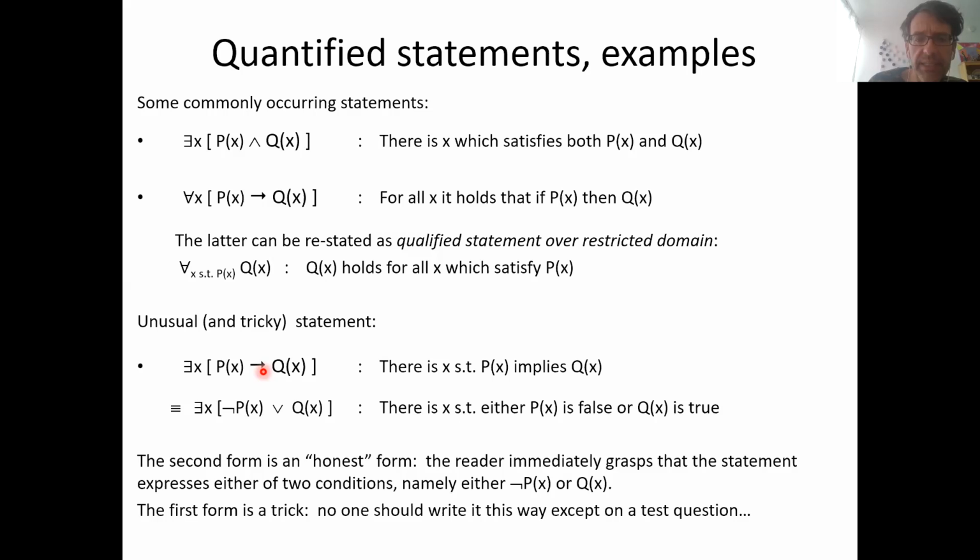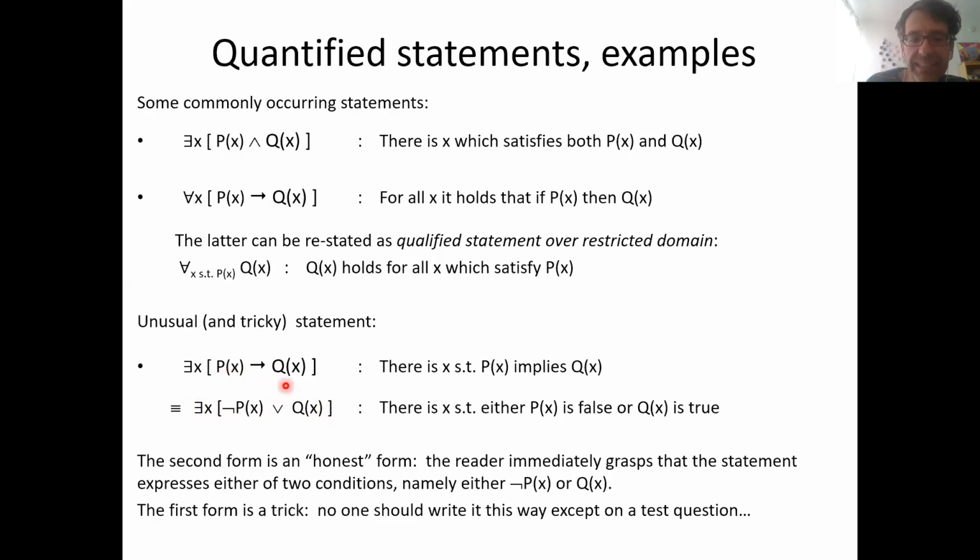And basically, this form is like an honest form. This could occur in nature. Somebody might say, look, there are two types of conditions under which this code will, whatever, give you good results. Either this or that. Okay, that's maybe natural.